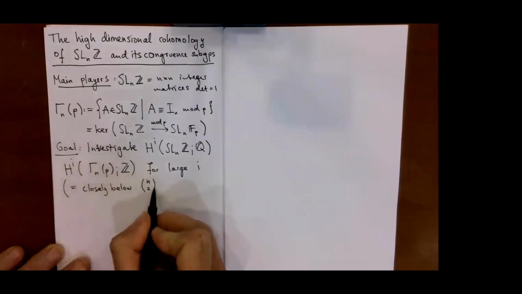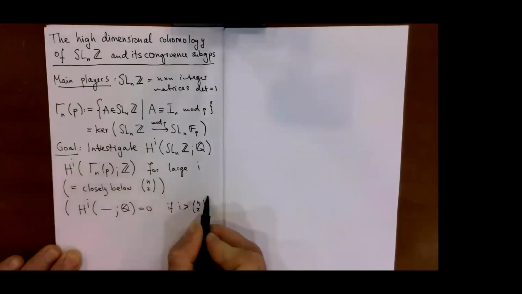We want to do this for large i, and we shall see later that large i means it's closely below n choose 2 in this case, because H^i of these groups with Q coefficients is 0 if i is bigger than n choose 2. That we will see in a little bit.